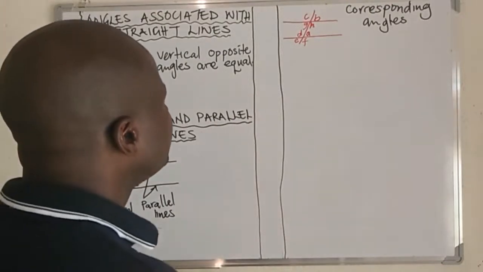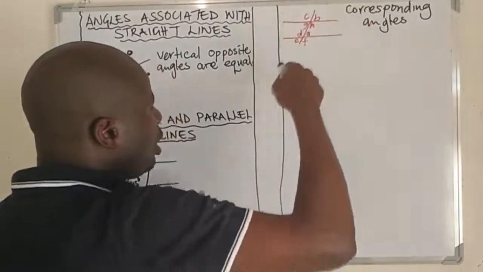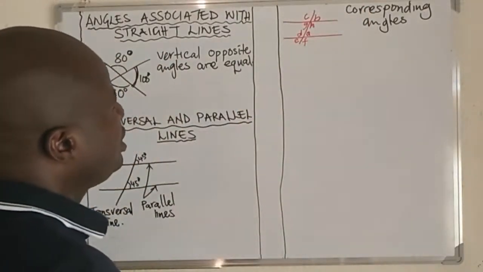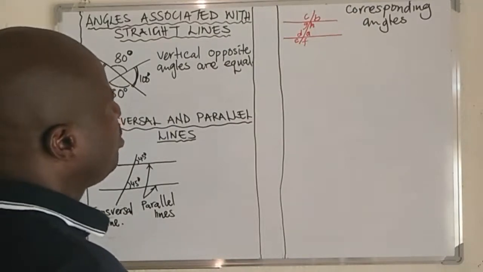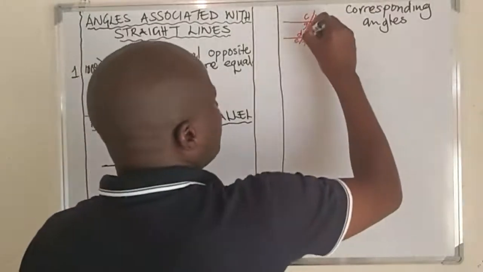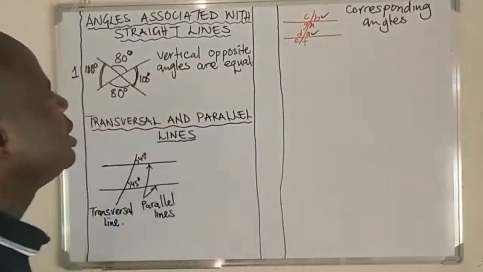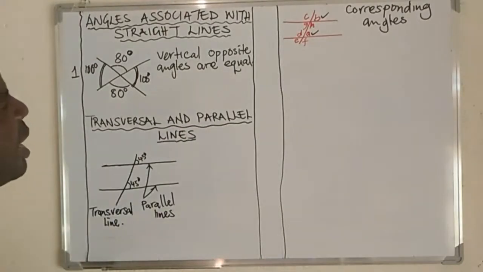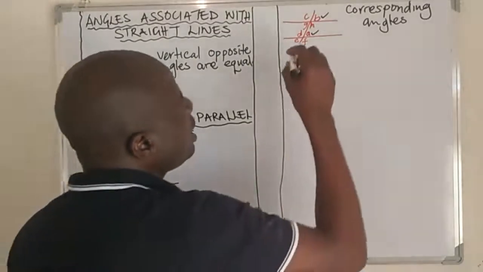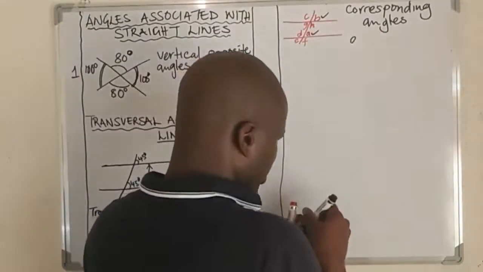These angles are the ones that are on the same position of the different parallel line. So this one and this one, they are corresponding angles. A and B are corresponding angles. And we are saying the corresponding angles are equal to each other.